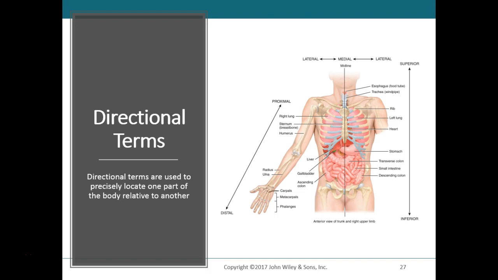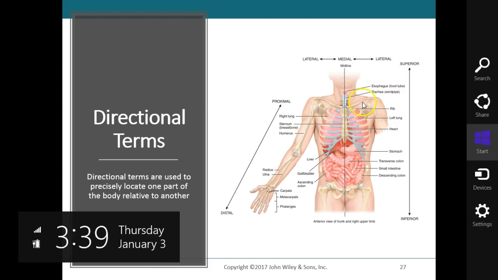So you always need to define both terms. Same thing with superior and inferior. If something is inferior, it is below. If it is superior, it's at the top. It is above. So the shoulder is superior to the stomach.